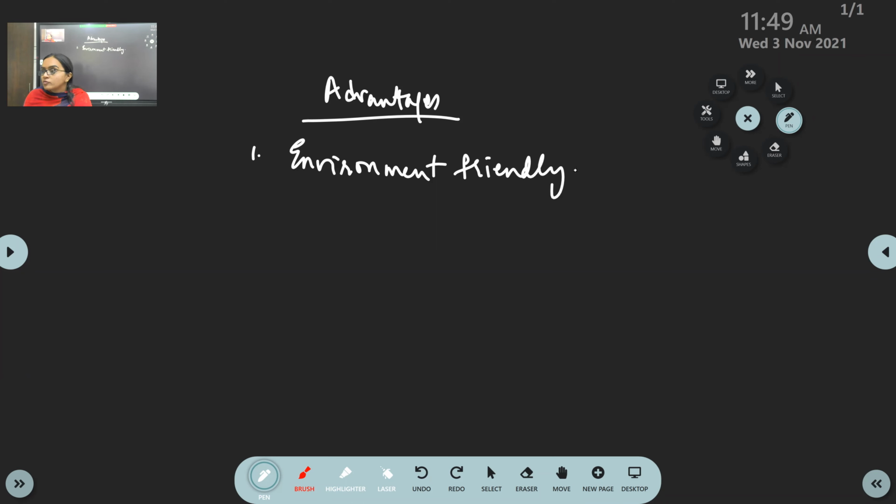Tuticorin, a major port is being built there. Tuticorin in Tamil Nadu.